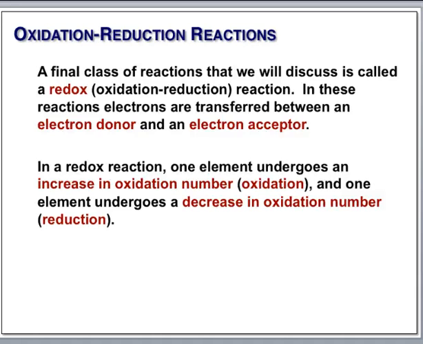Let's say we had something that was 0, an element, and it went to +4. In order to go to +4, it has to lose electrons, doesn't it? 4 of them. That is an oxidation. If you went from +4 to 0, you would add electrons back, and that's reduction. But you only have to remember one of them.